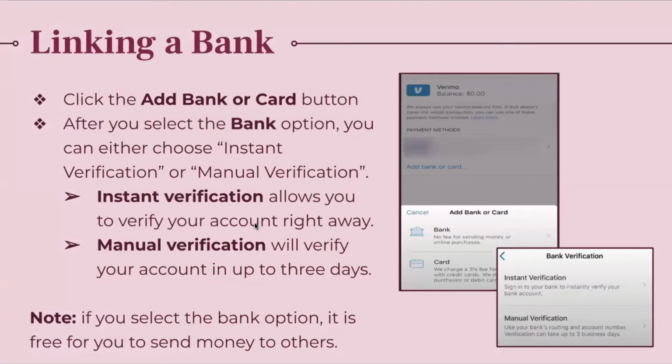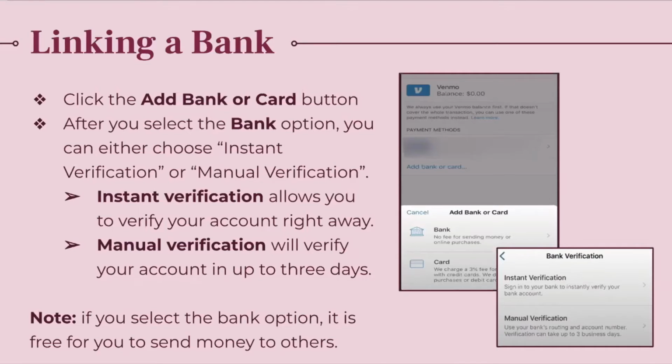So if you were to link a bank account to your Venmo app, you would click the add bank or card button after doing the steps on the previous slide. After you select the bank option, you can either choose instant verification or manual verification.